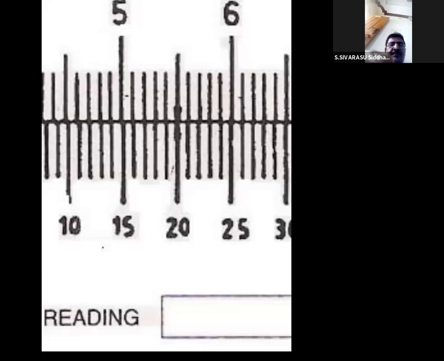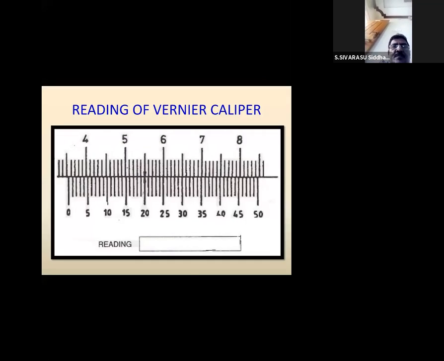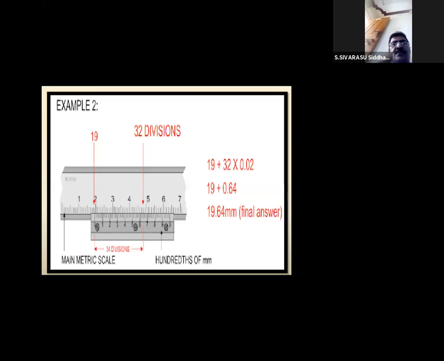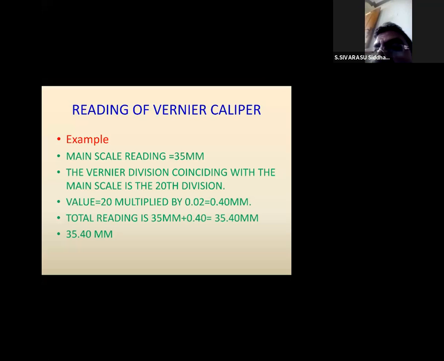Now you see this. What is the reading? The vernier scale division 0 begins after the 35th main scale division, that is 35 mm. The vernier division which coincides with the main scale is the 20th division.